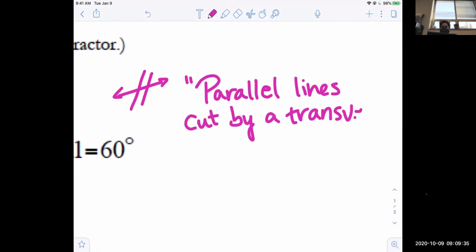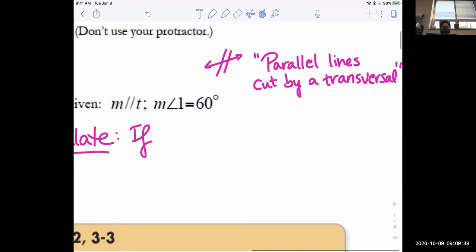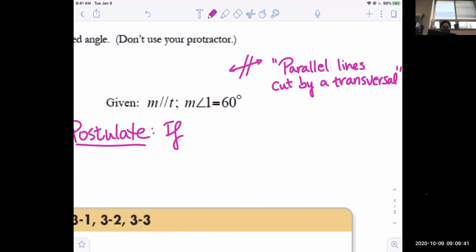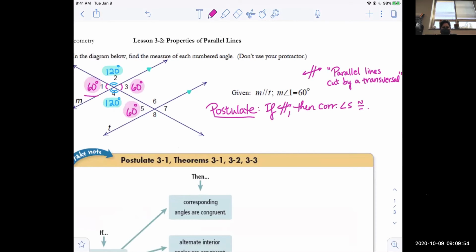And that's just so you don't have to write this out all the time. So that little symbol means parallel lines cut by a transversal. So the postulate we just used is: if parallel lines are cut by a transversal, then corresponding angles are congruent. Now again, those are corresponding because they're in the same position. Angle 1 and angle 5 are both on the left side of their little cluster of angles.